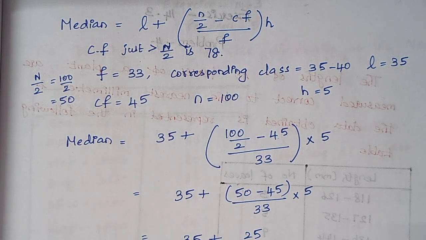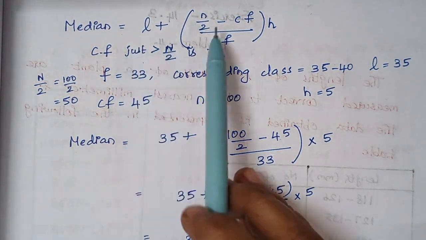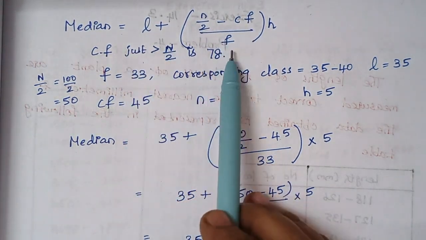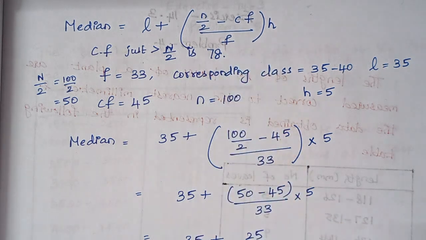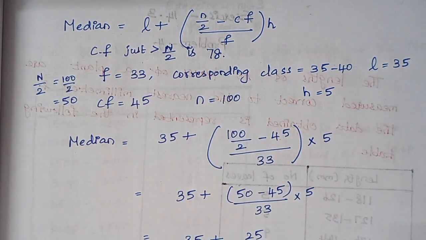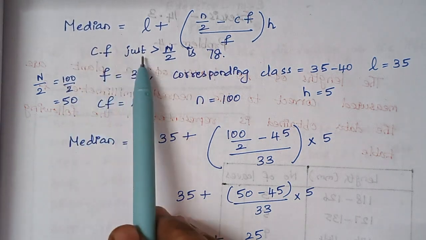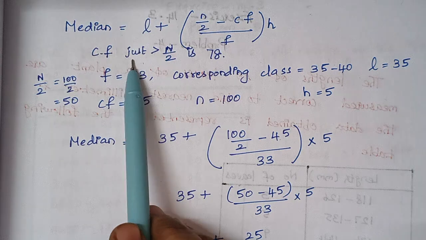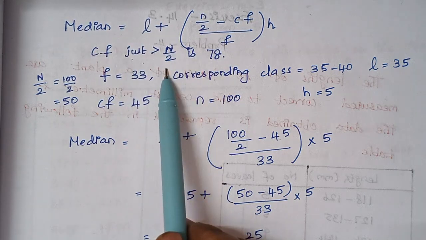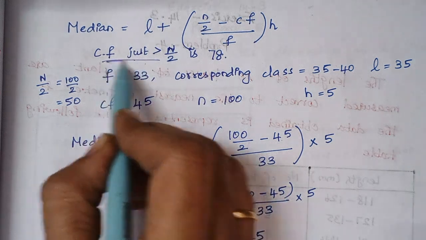The median is given by the formula L plus (n by 2 minus Cf) by F into H. Regarding the median, the cumulative frequency just greater than n by 2 is considered. This is mandatory.